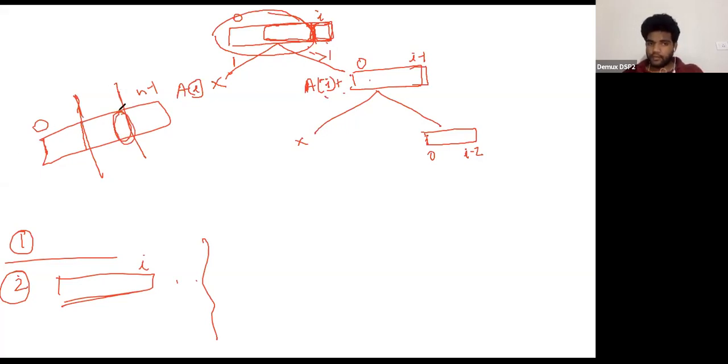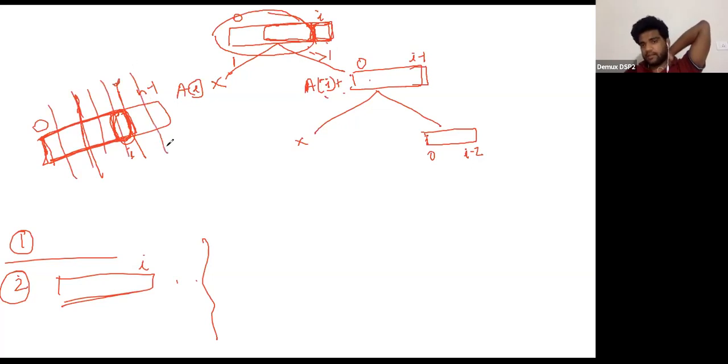So if it ends at an index I, then I am basically left with the task of finding the maximum length subarray ending at I for 0 to I. Right, Karan? And my actual answer, this line could be anywhere, right? This line could be here, here, here, here. So I will take the maximum for all of them.